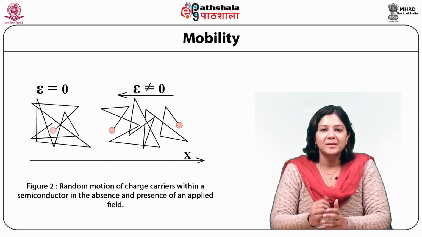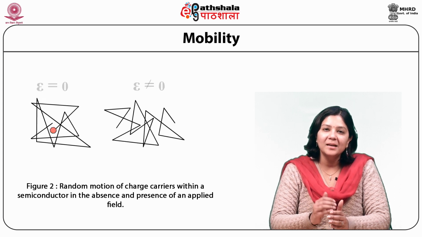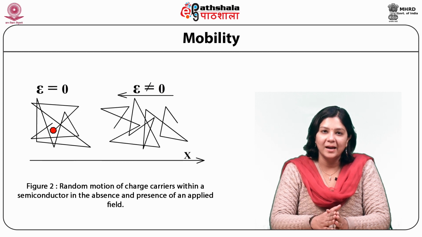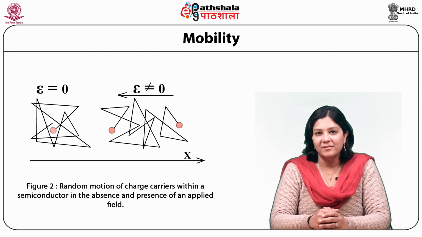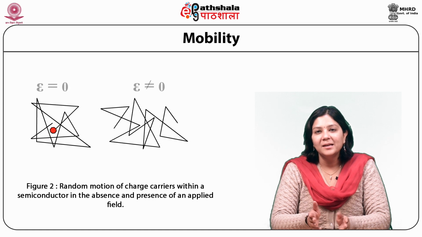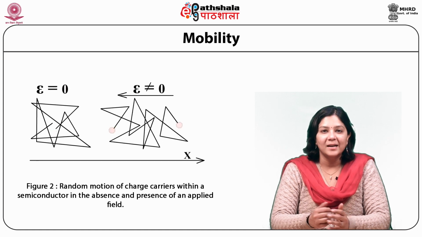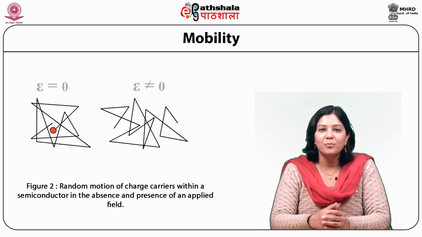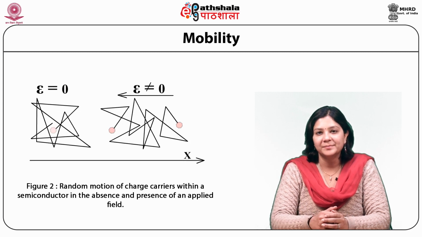While moving through the semiconductor, the particles do not travel in a straight line along the applied electric field. These particles experience several scattering events which continuously change their direction of motion in the semiconductor.